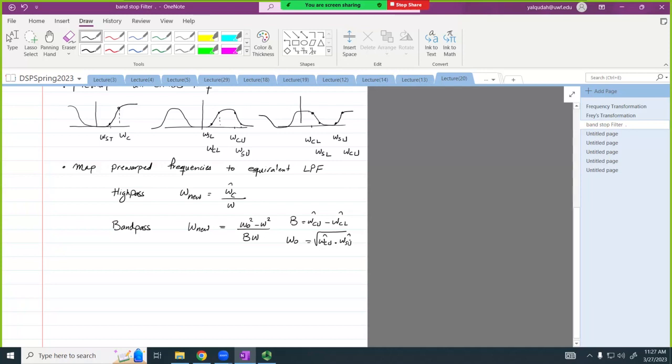The bandpass will be cutoff upper and cutoff lower. Oh, sorry. What was the omega 0?